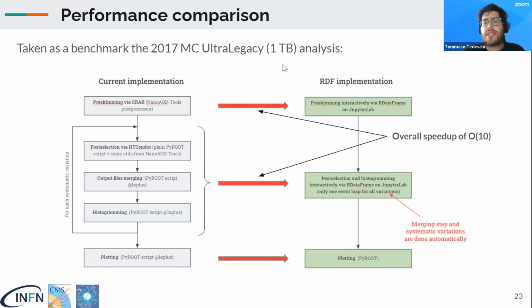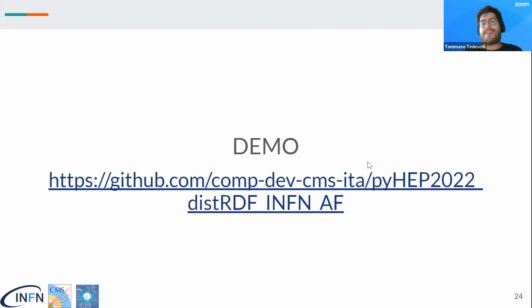And we looked at the overall speedup of the analysis in terms of time, and we are getting something of the order of 10 times what we achieved with the legacy approach. So in order to be concrete, we will see a short demo.